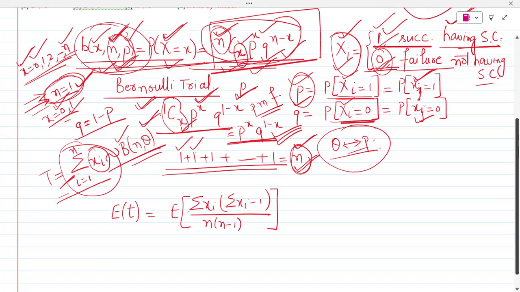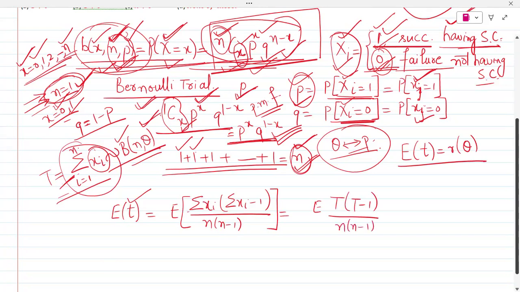Because he is asking me that this T is an unbiased estimator of which parameter. So obviously, if the expected value of T comes out to be the parameter. So what is T? T is nothing but this summation xi, which I have mentioned here.